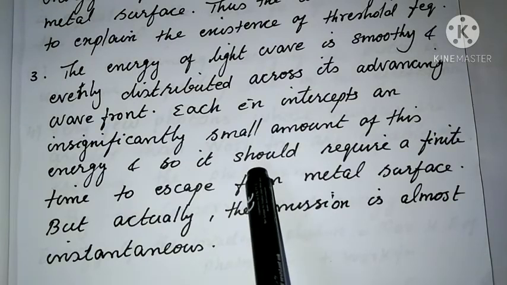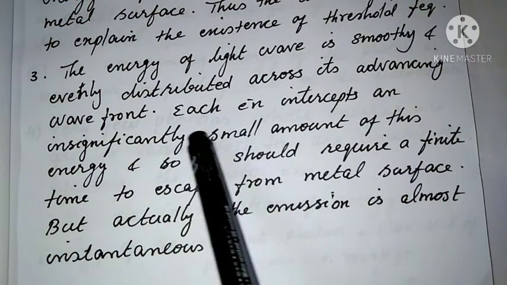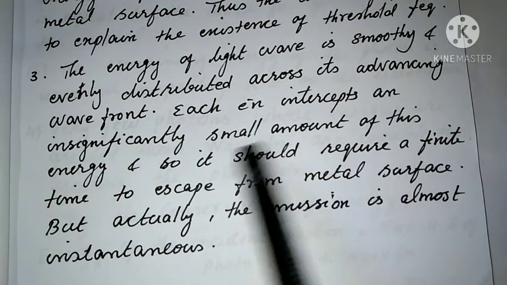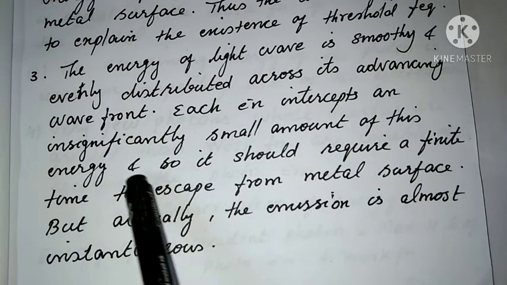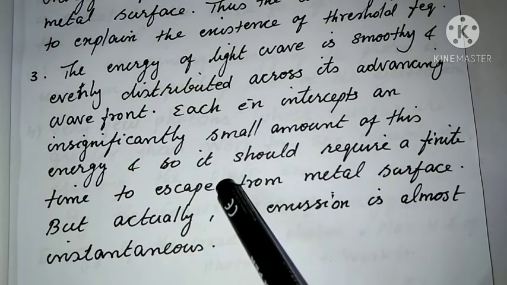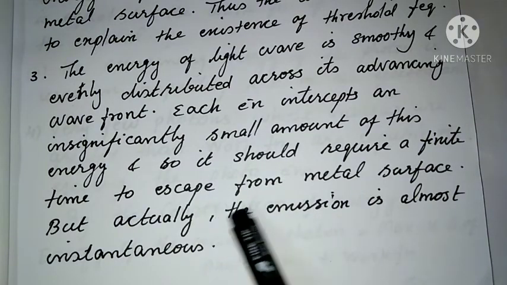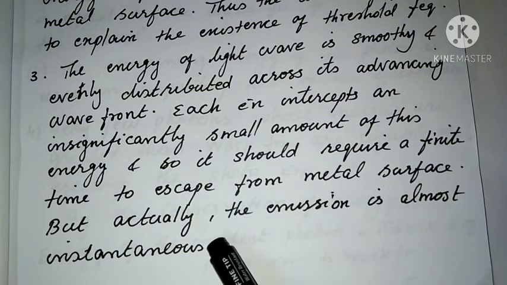So according to the wave theory, each electron absorbs this energy continuously, and it should require a finite time to escape from the metal surface. But photoelectric emission says that the emission is almost instantaneous. In this way, wave theory could not explain the laws of photoelectric effect.